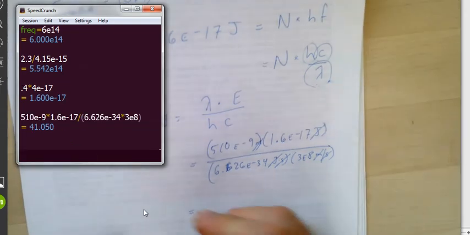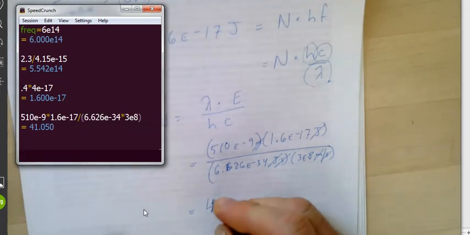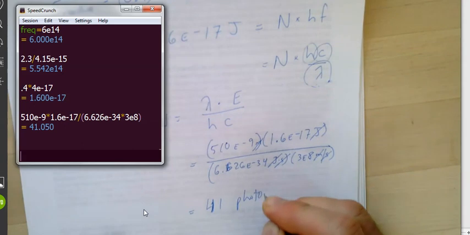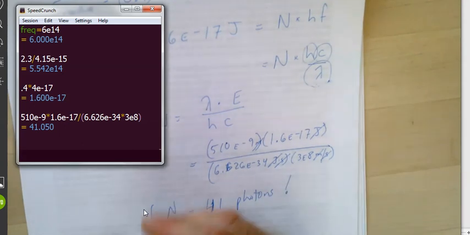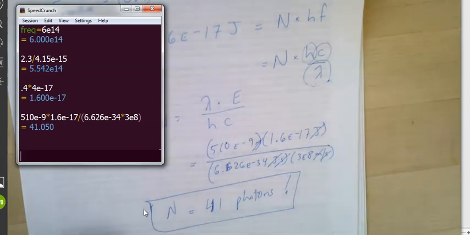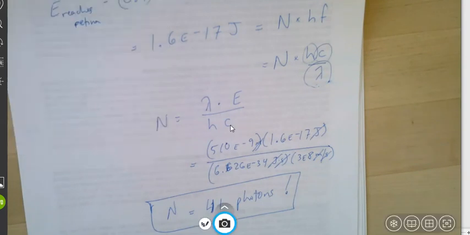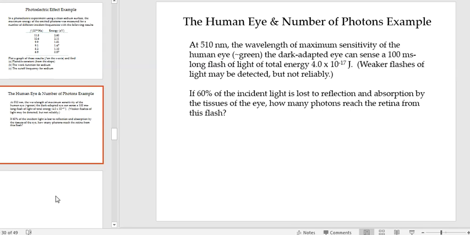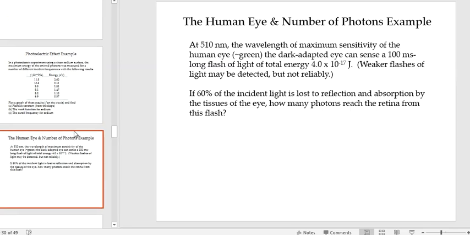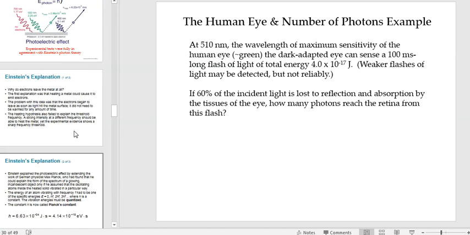That's 41 photons. So approximately 41 photons is what you can actually see. Crazy, huh? Your eye can see 41 photons. That's a very, very small number of photons, and your eye can actually see that. You have a pretty sensitive device for measuring photons.